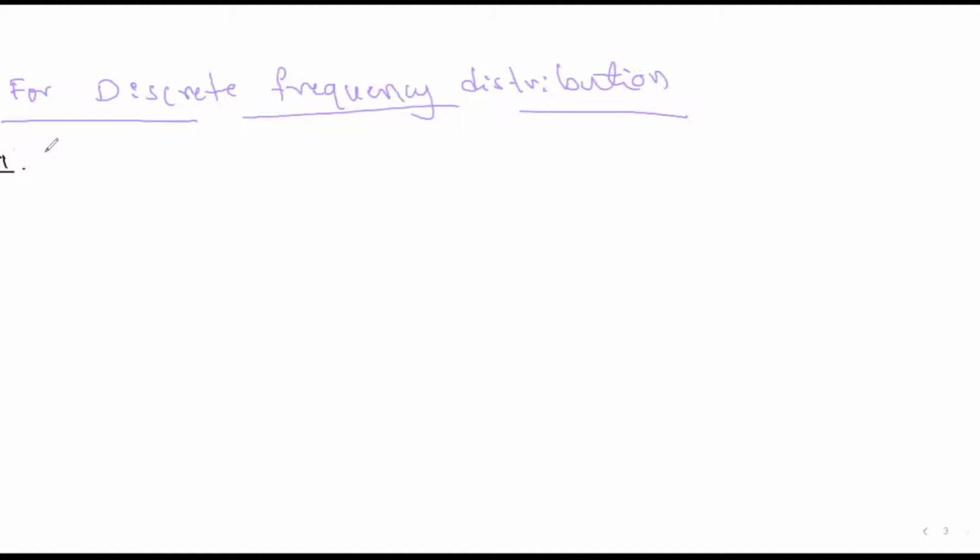the construction of the frequency polygon for a discrete frequency distribution.